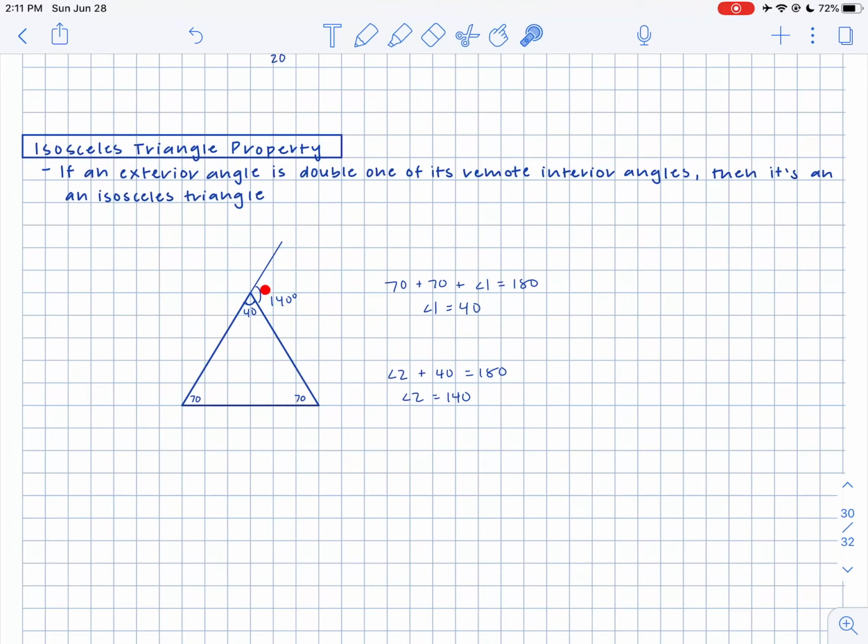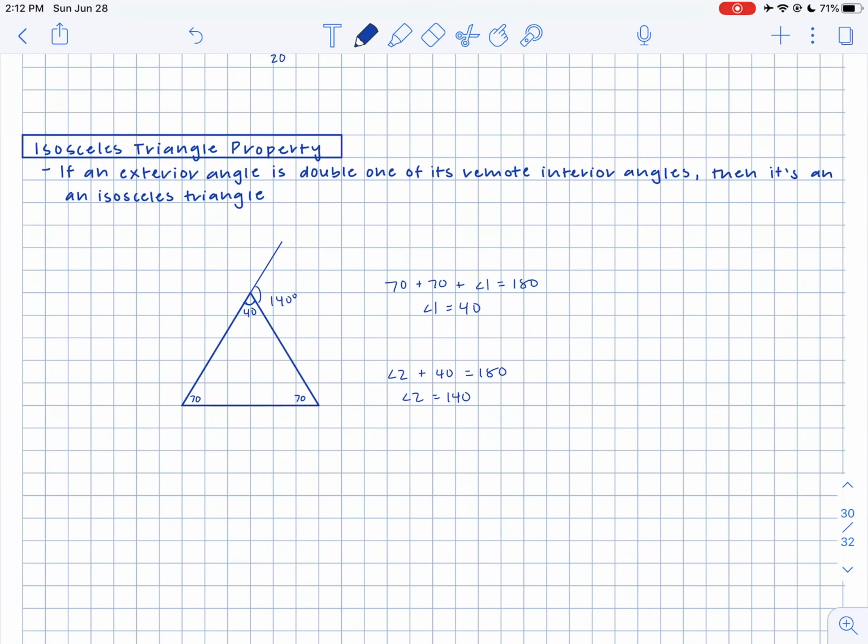Remember, every exterior angle has 2 remote interior angles. Remember, remote means far away, so it's not touching those angles. Here are the 2 remote interior angles. Is double one of its remote interior angles, then it's an isosceles. So this exterior angle is double one of the remote interior angles, whether it be this one or this one. And because of that, we can conclude that this triangle is an isosceles triangle, okay?